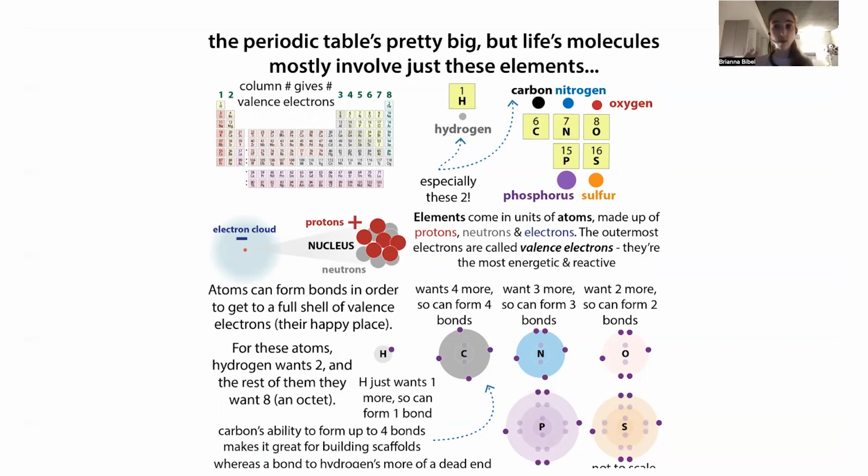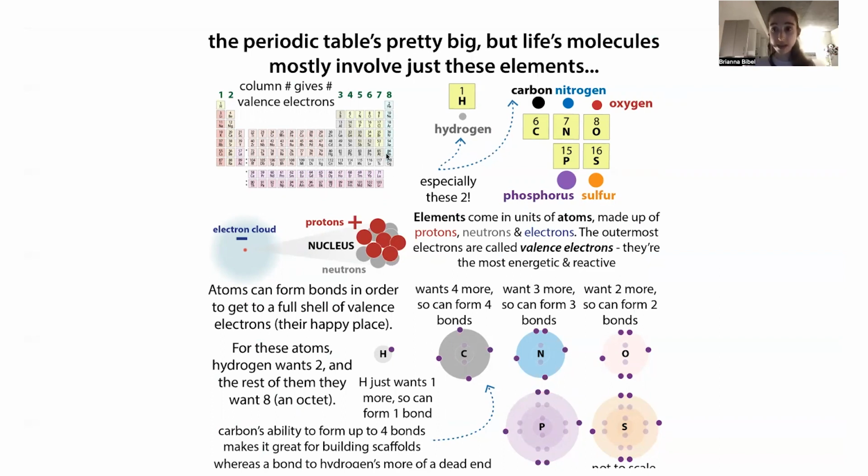Atoms are most stable when they have a full outer shell. For the atoms we're often dealing with in biochemistry, these main group atoms, they typically like to have an octet. This means their full outer shell is 8 electrons. And for hydrogen, your full outer shell will be 2 electrons.